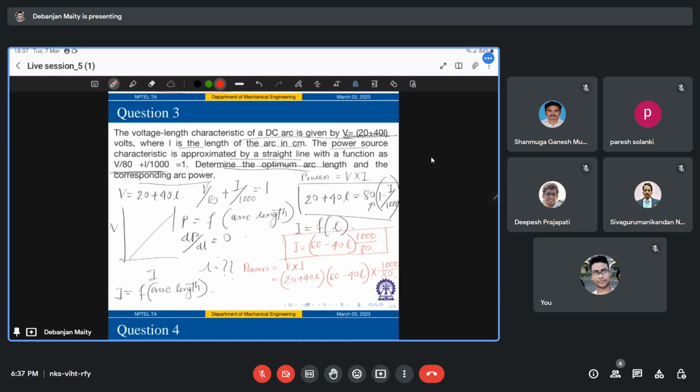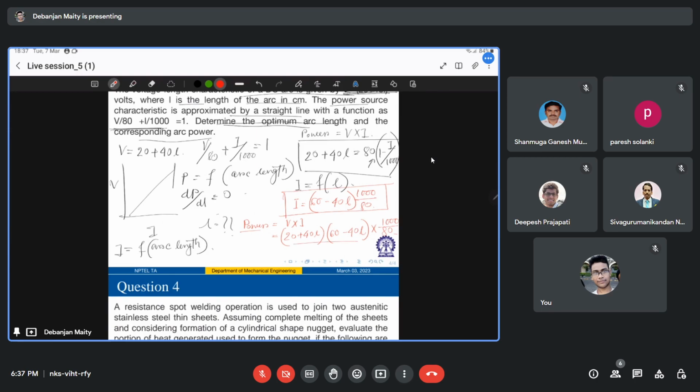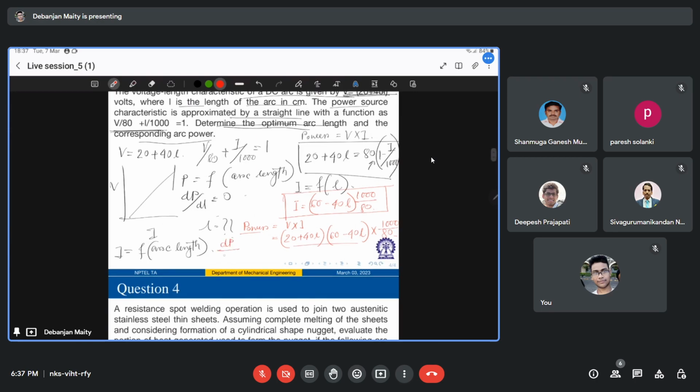And if you are getting power as a function of arc length, you can simply do dP/dL equal to 0 to find out the optimum arc length. Correct? Yes or no? Any response?